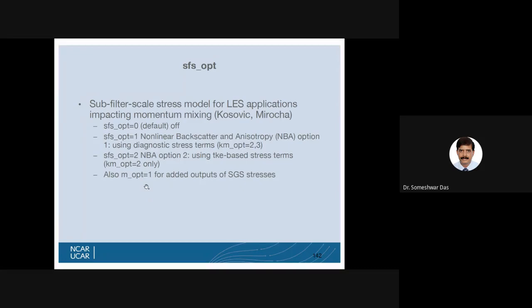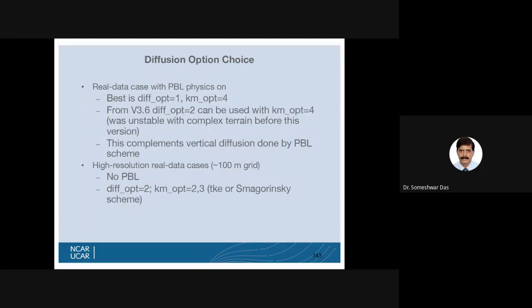Then you have also got the options for the diffusion. In the real data case with PBL physics, the best is to use diffusion option equal to 1 and KM option to be 4. From WRF version 3.6 onwards, you can also use diffusion option 2 with KM option 4. It was unstable with complex terrain before this version. This complements vertical diffusion done by the PBL scheme.